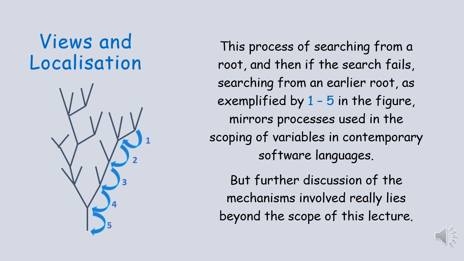This process of searching from a root, and then if the search fails, searching from an earlier root, as exemplified by 1 to 5 in the figure to the left, mirrors processes used in the scoping of variables in contemporary software languages. But further discussion of the mechanisms involved here really lies beyond the scope of this particular lecture.